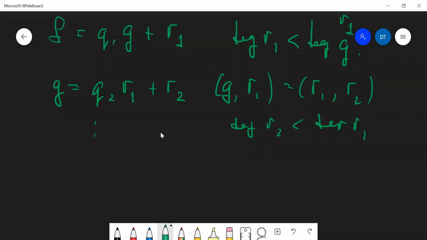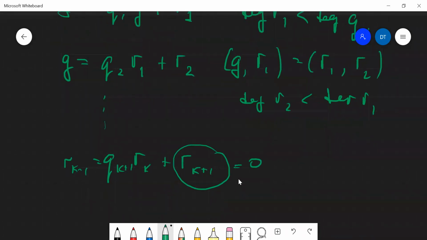So at some point we will get that, say, R_{k-1} equals Q_k R_k plus R_{k+1}, and this R_{k+1} will be 0 at some point. And in this situation, the remainder on the previous step, R_k, is the greatest common divisor.